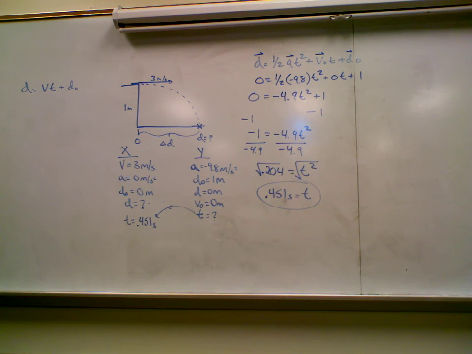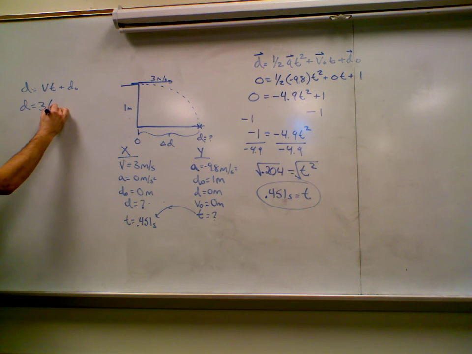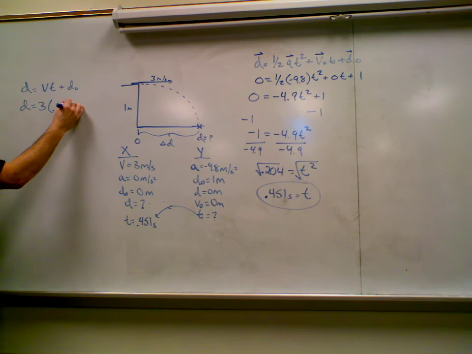So let's plug in what we know. We don't know distance final, so that's what we're trying to find. We know velocity is 3. We know time is 0.451.